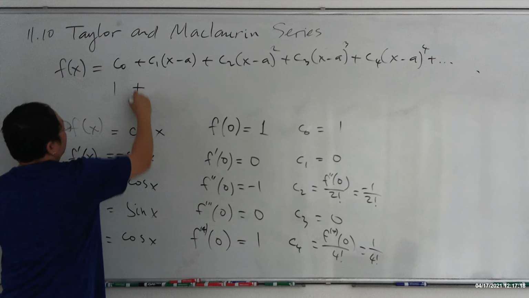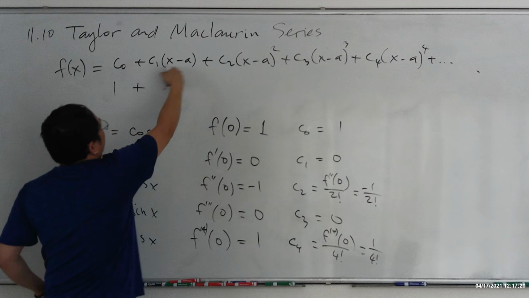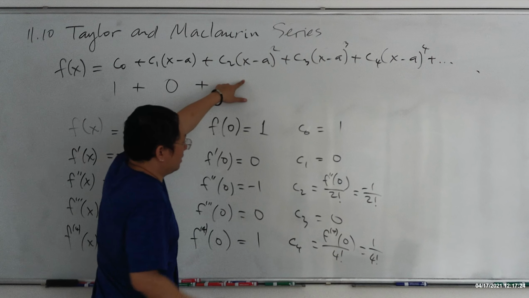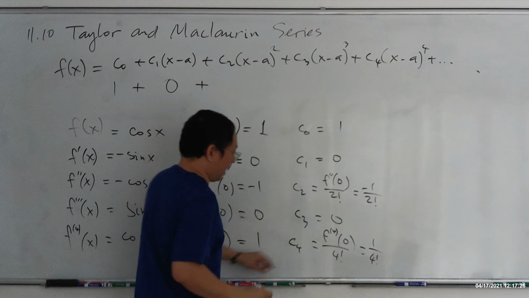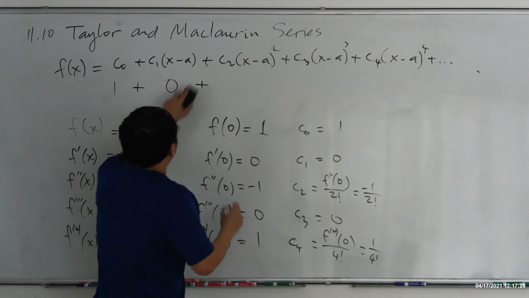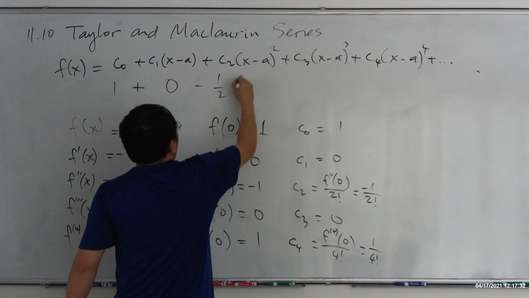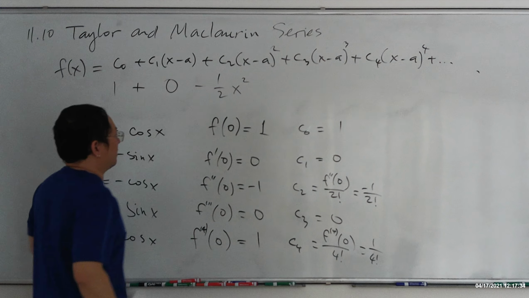C0 is 1 plus C1 is 0, so it doesn't matter what it is. Plus 0 plus, this is going to be what? Plus with a minus, so minus. What is that? Minus 1/2 x squared, because A0 is centered at 0, right? Center is 0.